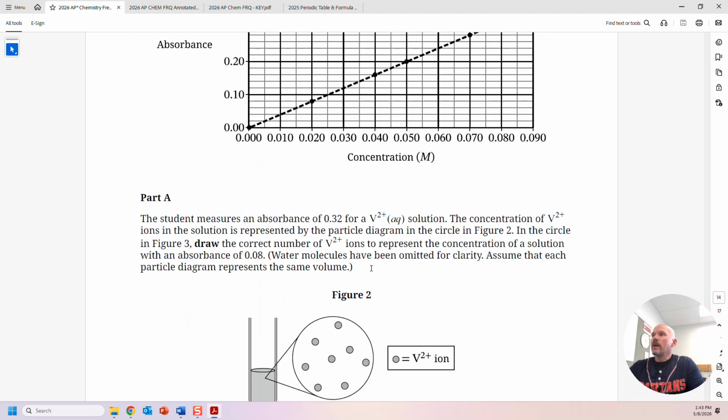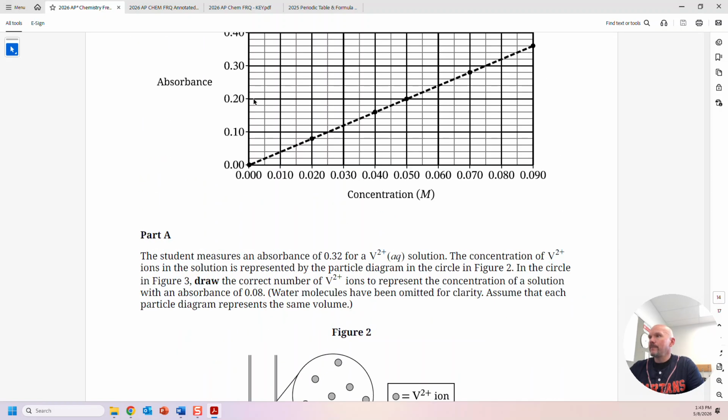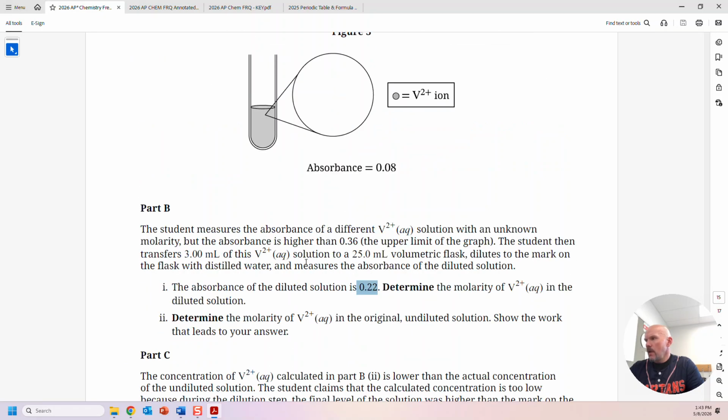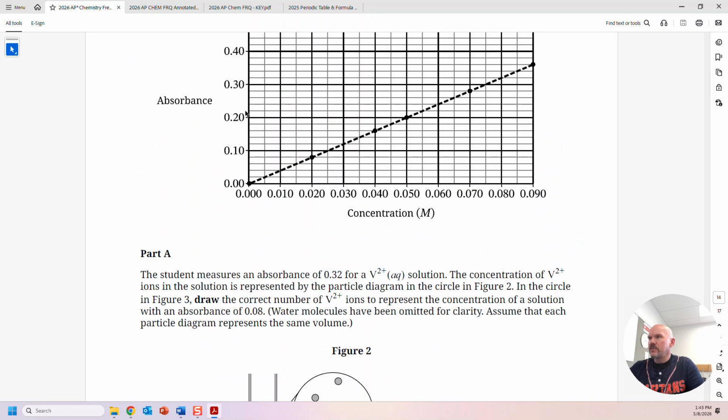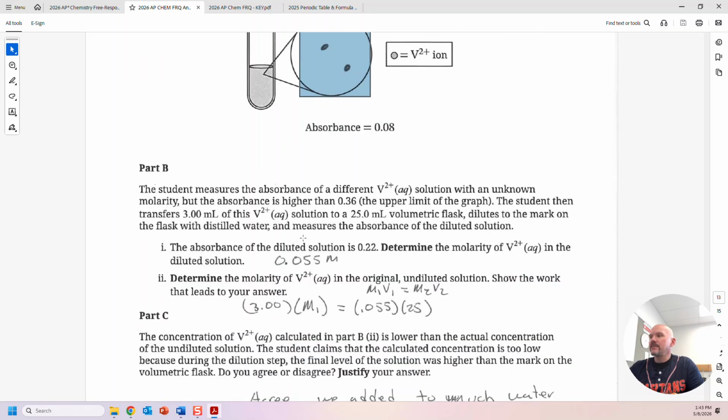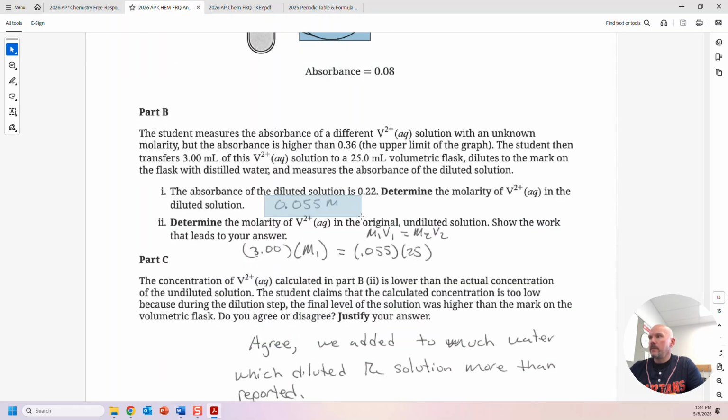So we're going to go to our chart and find 0.22 on the absorbance chart, okay? And we're going to go over to where it intersects, and that's 0.055. So that's our answer to part one. It would be 0.055 molar, right? And that's just using the chart.